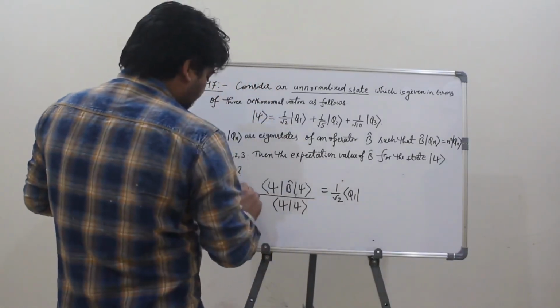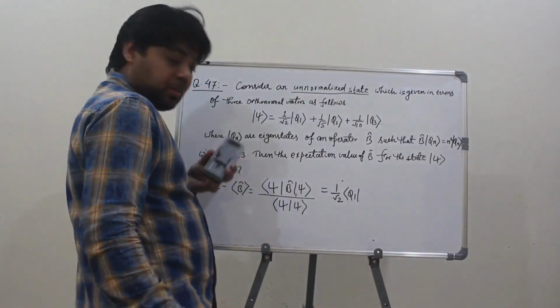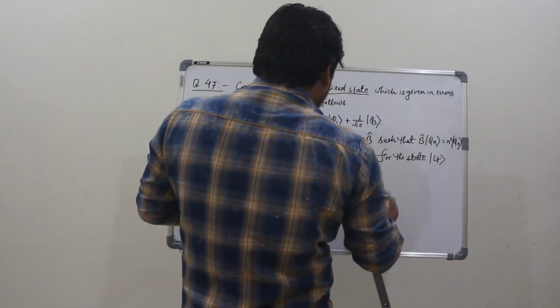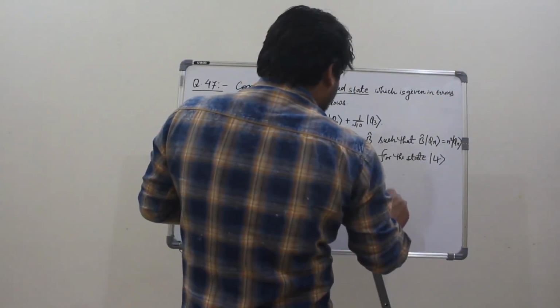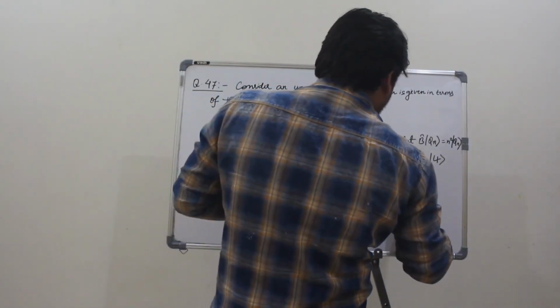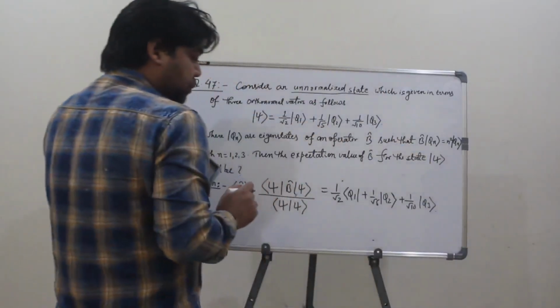This is what we call the expectation value of B. Now B cap operating on phi n gives you n squared times phi n. So B cap on psi gives you, starting with 1 by root 2 phi 1, and for the bra we have 1 by root 2 <phi 1| plus 1 by root 5 <phi 2| plus 1 by root 10 <phi 3|.